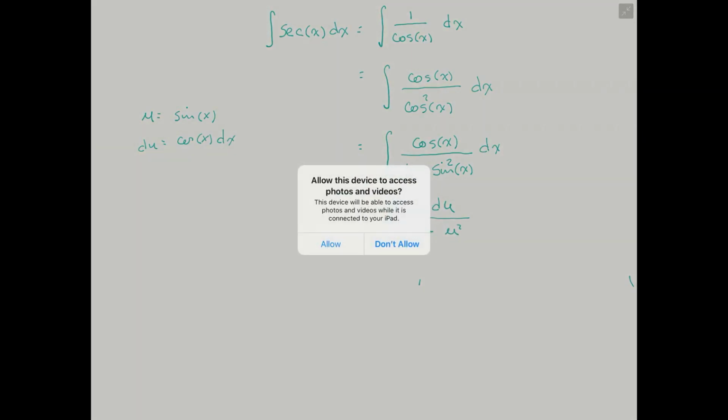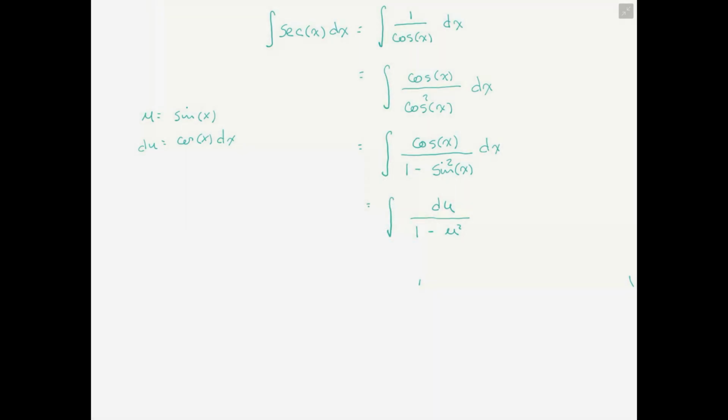And in this particular case, we're going to use a method called partial fractions, where we break down the fraction 1 over 1 minus u squared into component parts.